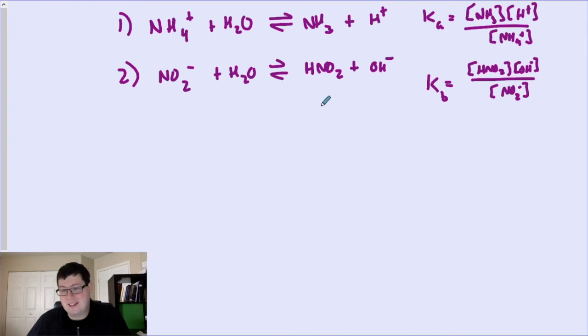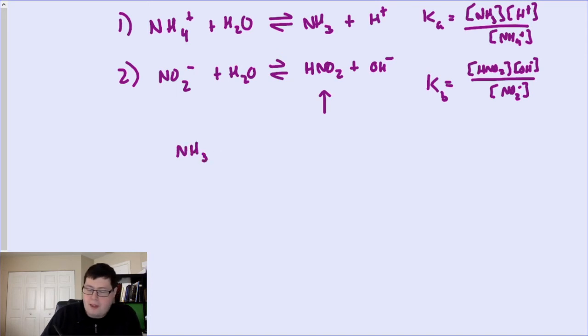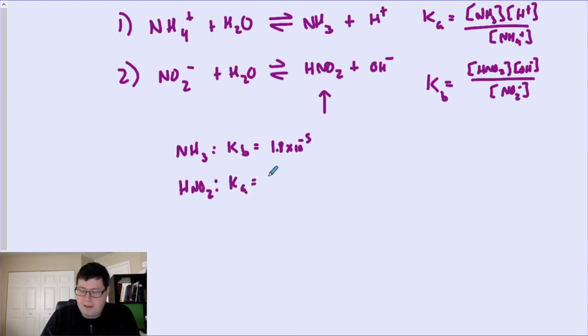The acids and bases they do list are things like these here. And so what we can look up is that the Kb of the base NH3 is 1.8 times 10 to the -5th. And then for HNO2, the Ka of that acid is 7.2 times 10 to the -4th.